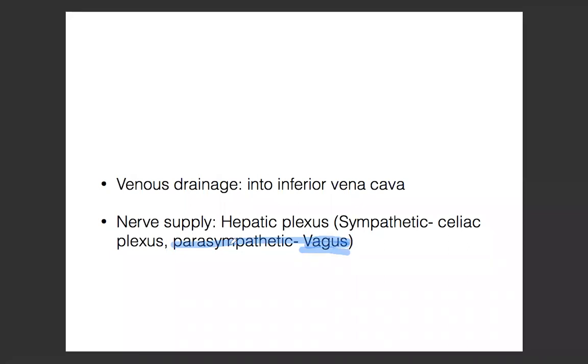For the sympathetic, take the name of the artery and name it, like superior mesenteric plexus, celiac plexus, and so on. Okay, got it.